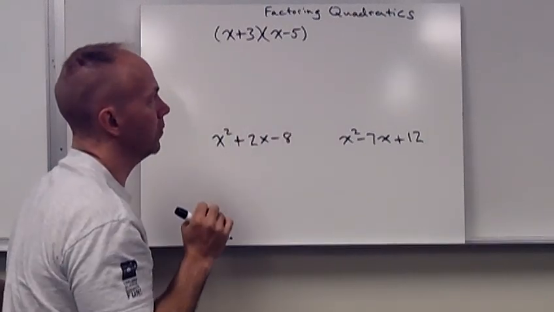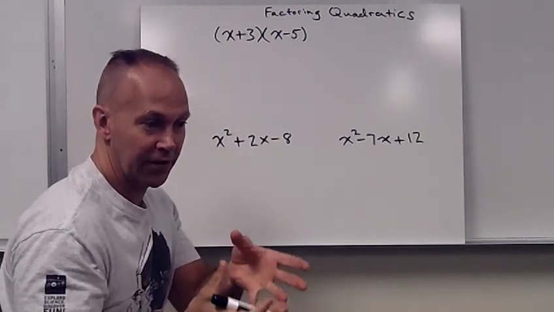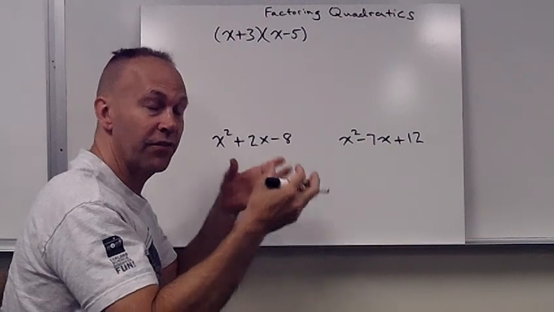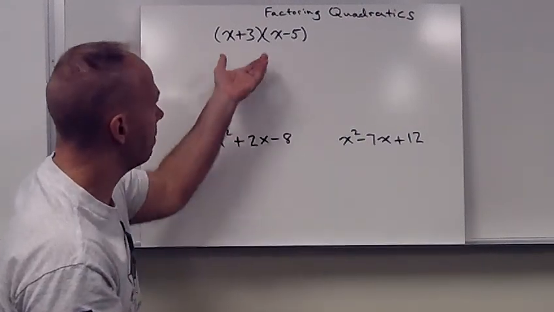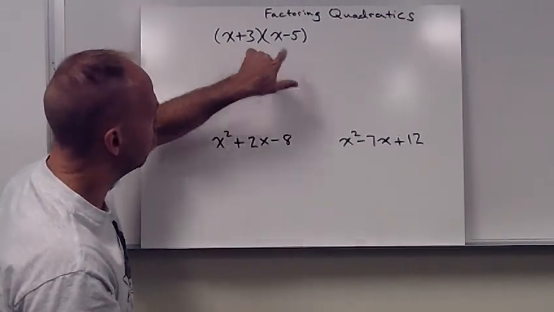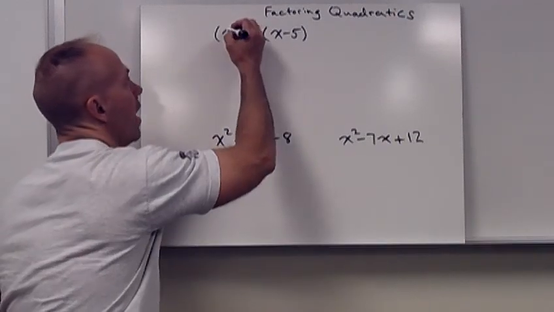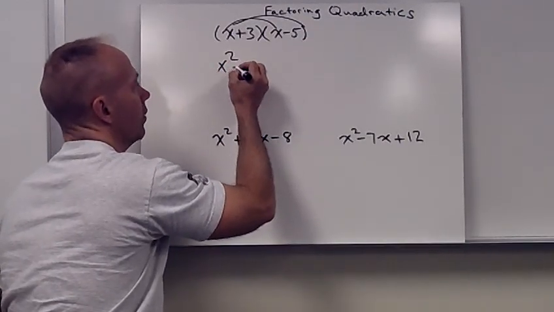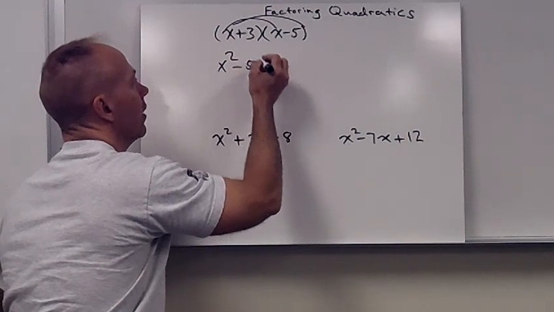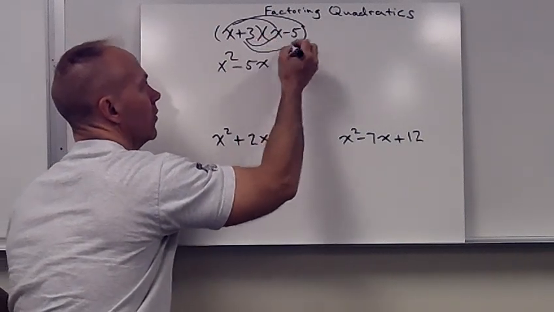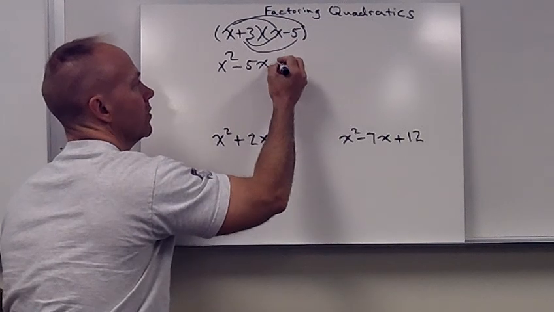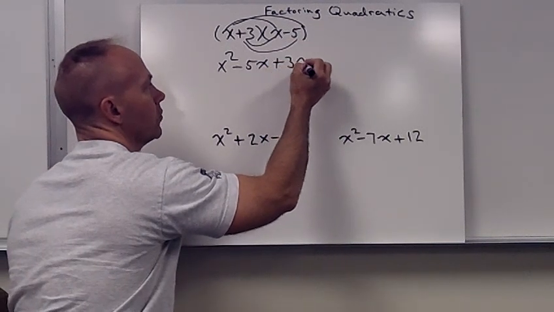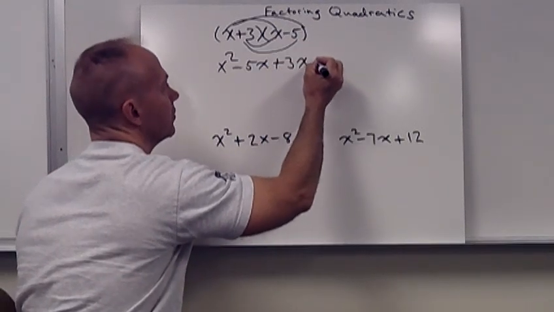Multiplying two binomials, because again, factoring is the reverse process of multiplying. So we're going to work backwards first. Multiplying these two binomials, I've got to use the distributive property, x squared minus 5x. But I've got to take every term in the first binomial times every term in the second. So I've got to distribute that positive 3 also.